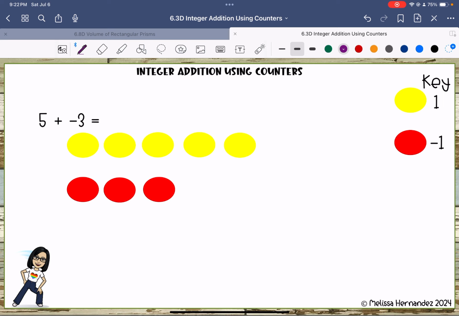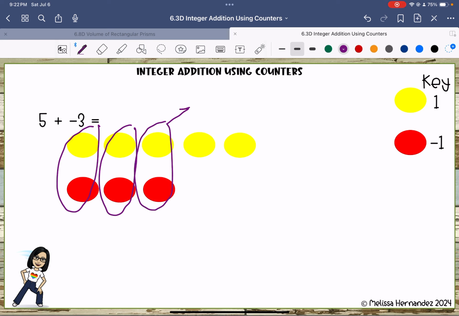So as I discussed at the beginning of the video, a zero pair is one positive plus one negative, and they cancel each other out. So there's one zero pair, there's another zero pair, and a third zero pair. We're actually taking these out because they're worth 0. What are we left with? 2 positives. So our answer would be 2.